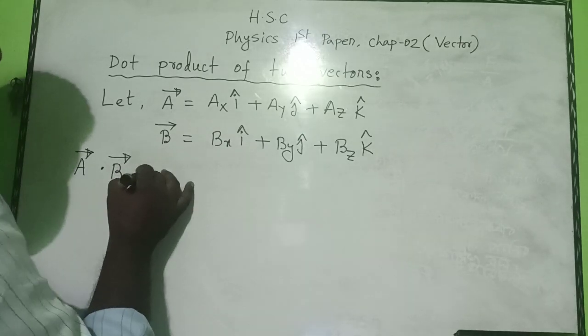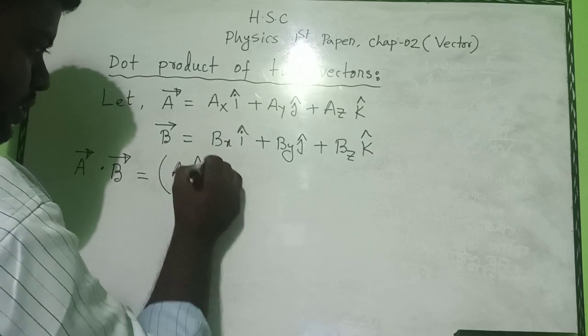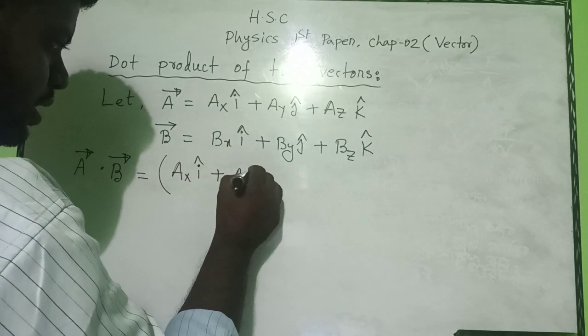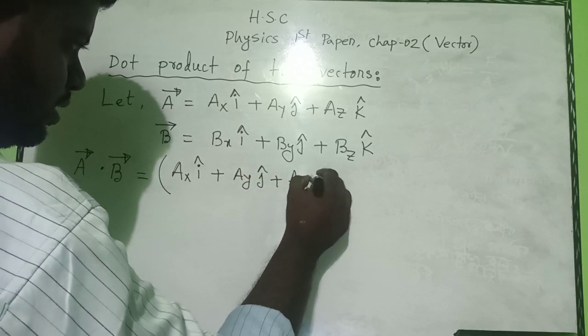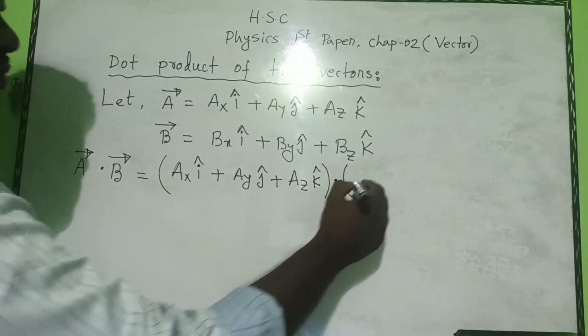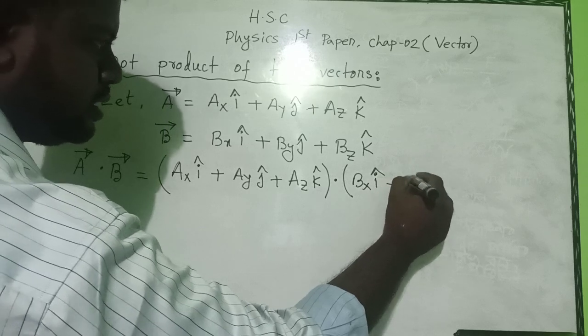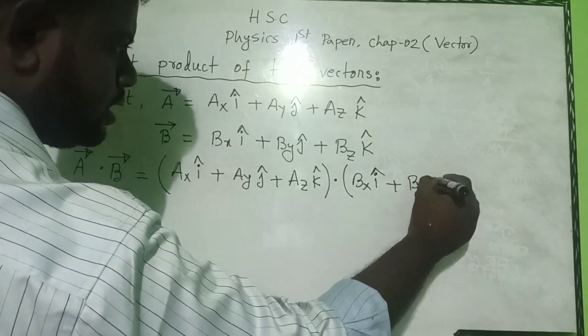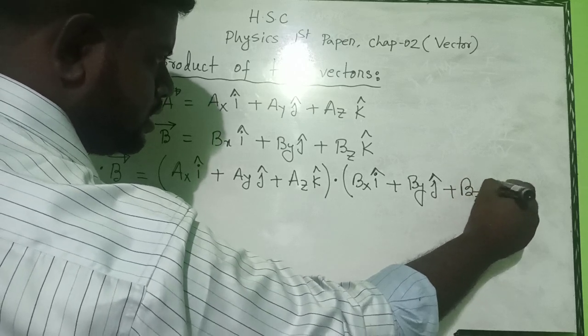That means a vector equals axi plus ayj plus azk, dot bxi plus byj plus bzk.